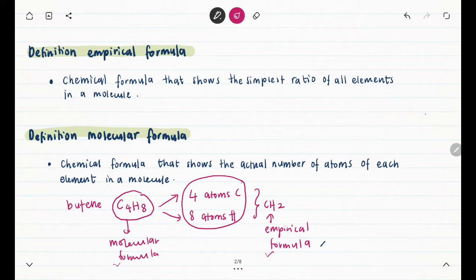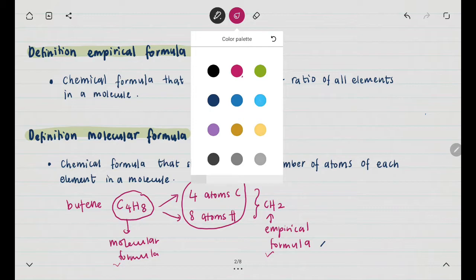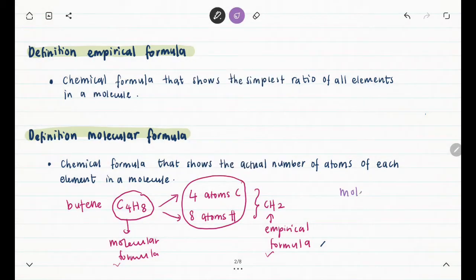We know that the molecular formula of a compound is a multiple of its empirical formula, where we use the integer n.